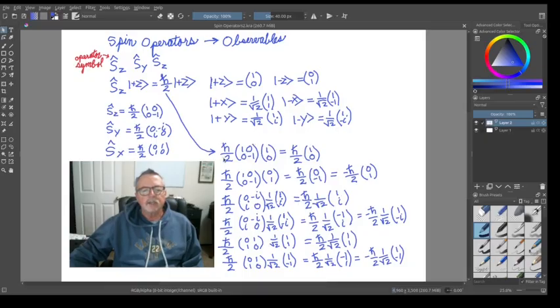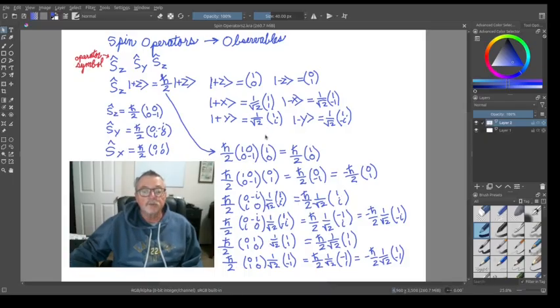This item here, the 2x2 matrix and the h bar over 2, those are used in each of the scenarios. This is the plus Z scenario, minus Z scenario, plus X, minus X, plus Y, minus Y.